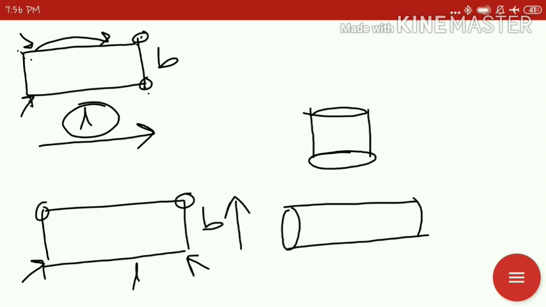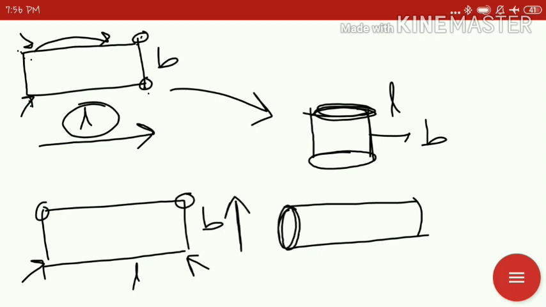So when we have rolled along the length, the circumference of the base is equal to the length and the height is equal to the breadth. When I have rolled along the breadth, the circumference of the circular part is equal to the breadth and the height is equal to the length. That's the basic concept you have to find out.